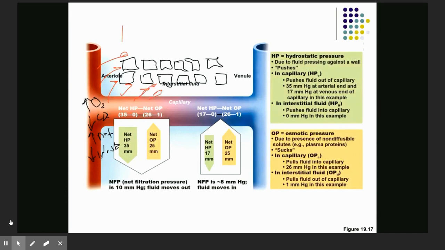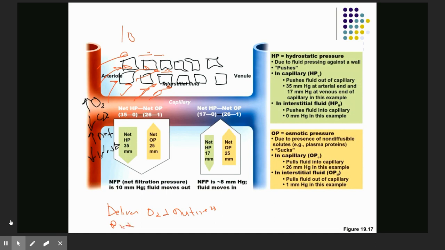It was 10. So look, this fluid, which is high in oxygen, low in carbon dioxide, is going to wash over these cells. And what's going to happen is it's going to deliver oxygen. We're going to deliver nutrients. And we're going to pick up waste products. We're going to pick up carbon dioxide and other waste products.